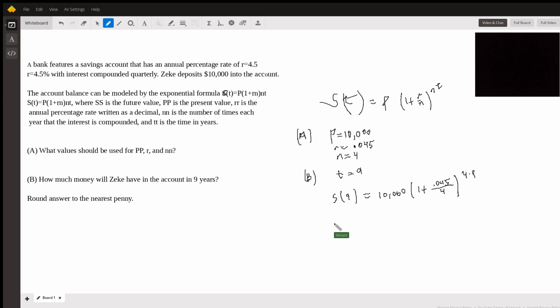And that's it. We just put this into our calculator at this point, and assuming I didn't make a calculator mistake, S of 9 comes out to be $14,959.